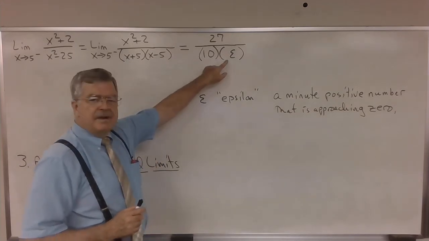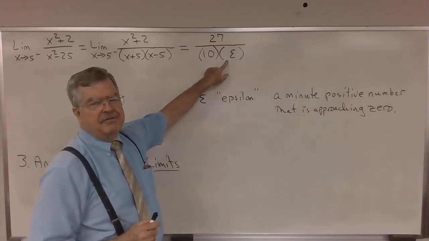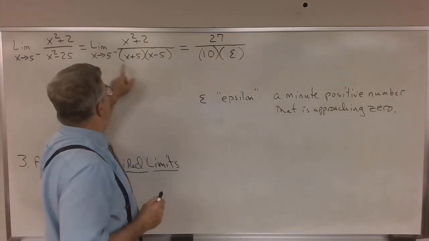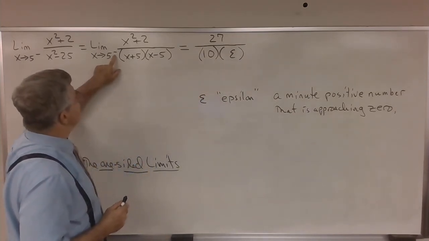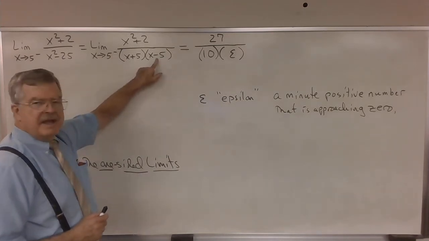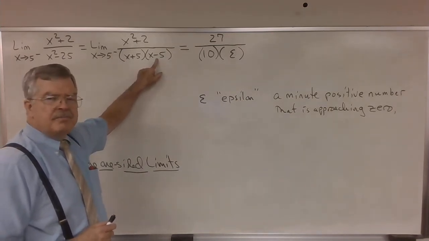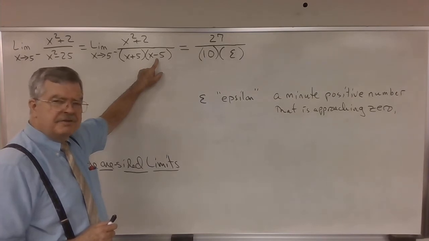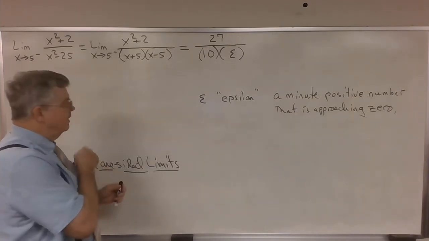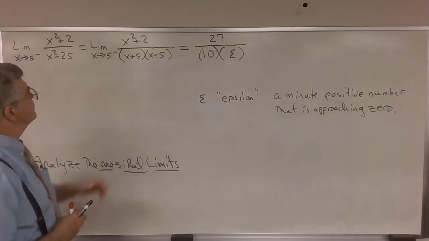Now there's one other thing that I need to make sure of. As x approaches 5 from the left, is this factor x minus 5 going to approach 0 through positive values or negative values? Well, here's how I figure that out.